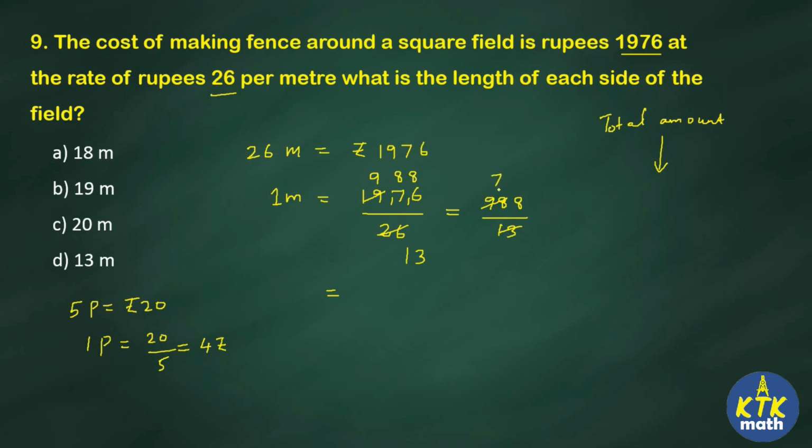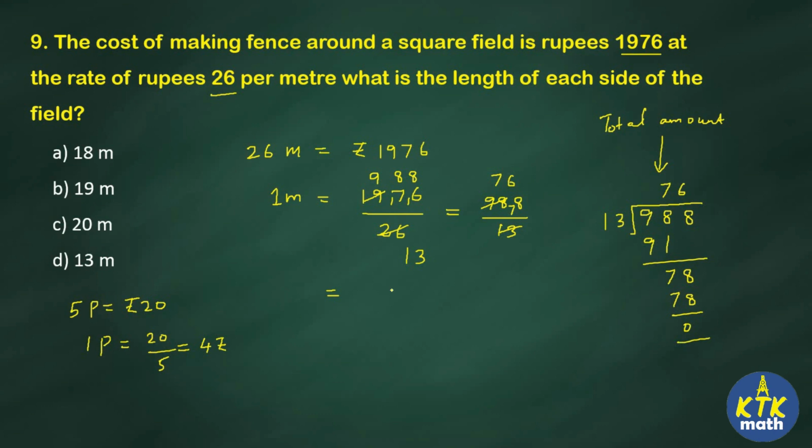That is 7 13s are 91. Remaining you will have 7. 6 13s are 78. If you don't understand this, I will do it with the ordinary divide method. That is 988 divided by 13. Here you will have 7 13s are 91. So you will have 7, bring down this 8, you will have 6 13s are 78.